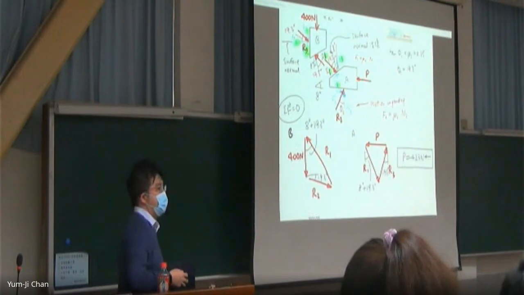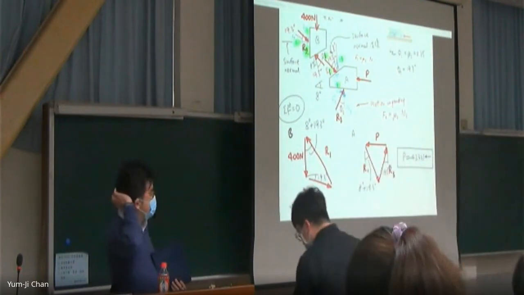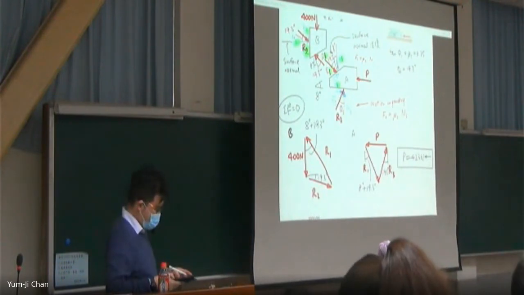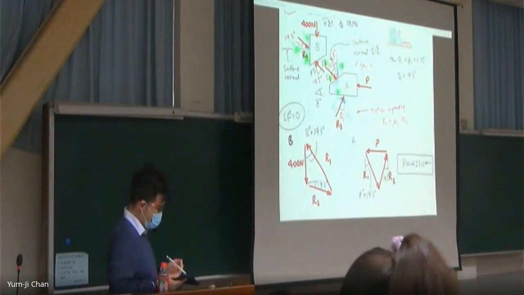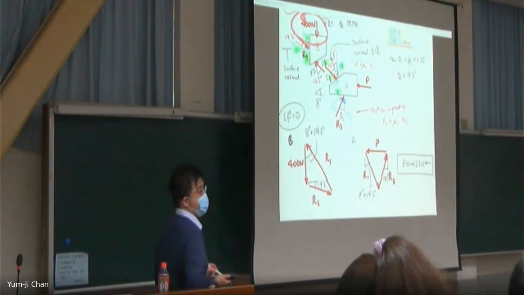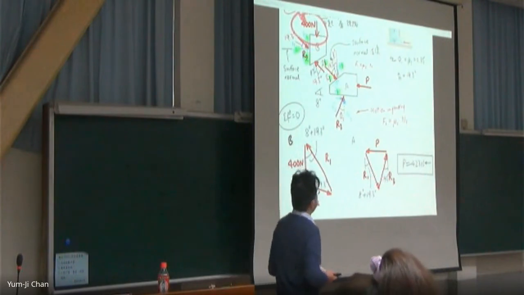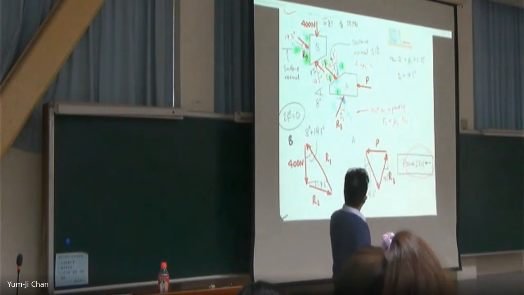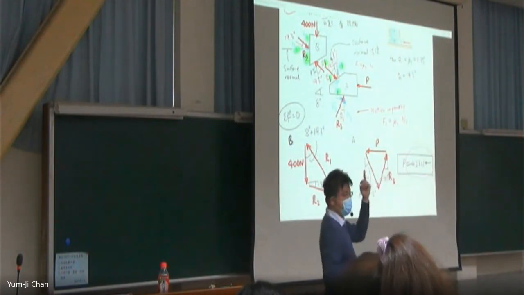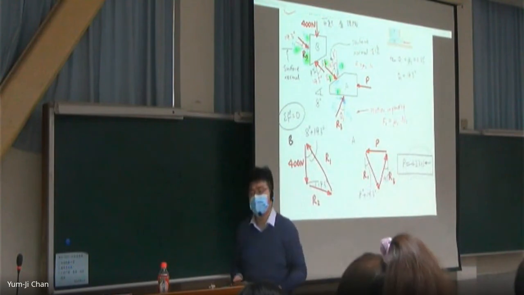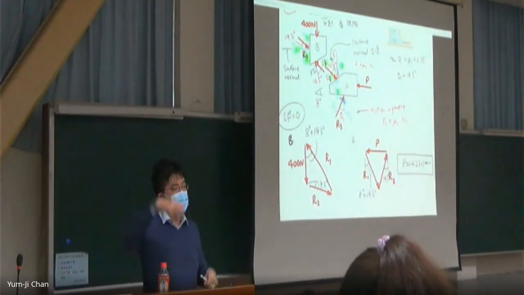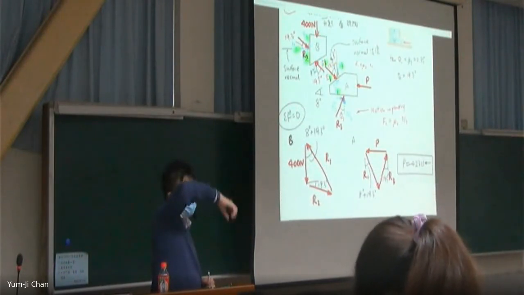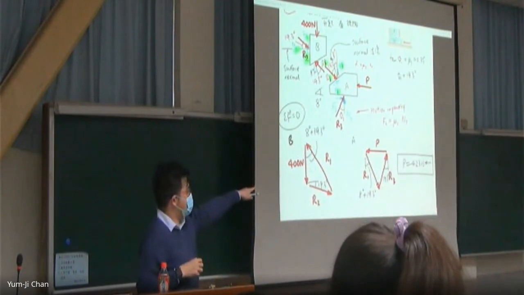So the question I want to ask is: the weight of the block is 400 newtons, and we say we need 423 newtons to the left to push it and raise the block. Why don't we just add 400 newtons of upward force to block B, but we do it like this?